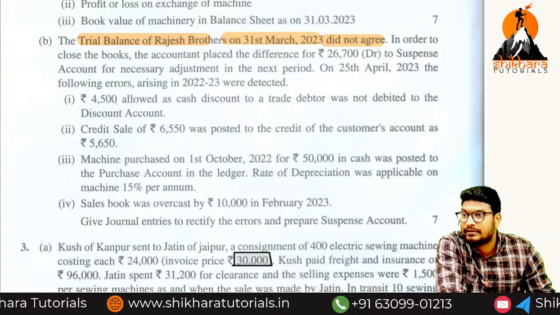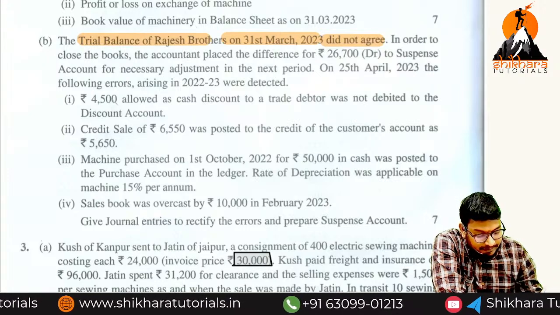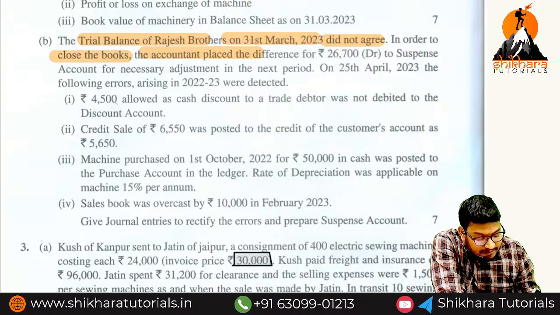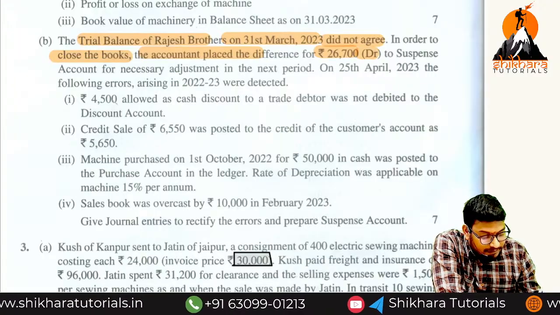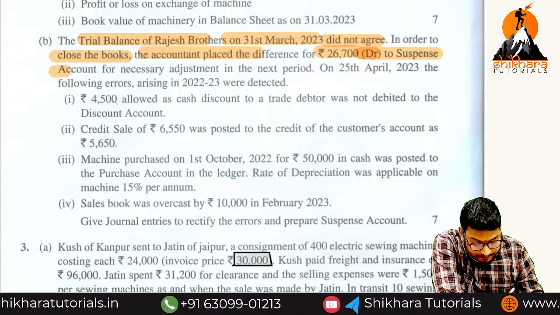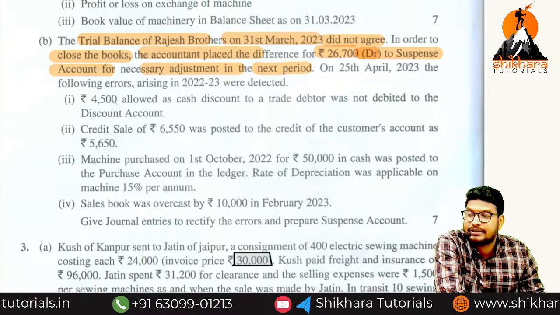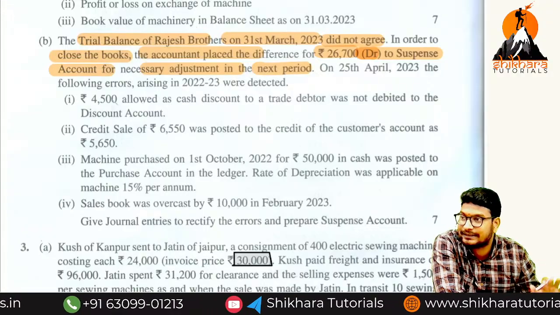Okay, it does not agree means the suspense account will be there. In order to close the books of accounts, the accountant placed a difference of rupees 26,700 debit to the suspense account for necessary adjustments in the next period. So next period means we are doing the adjustments in which year? Next year.